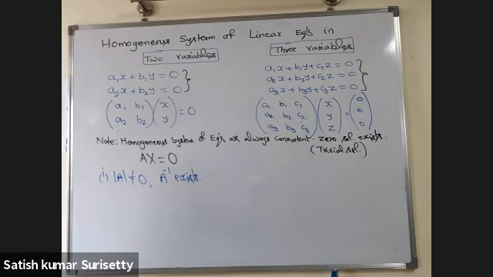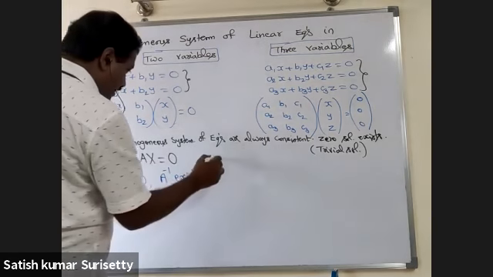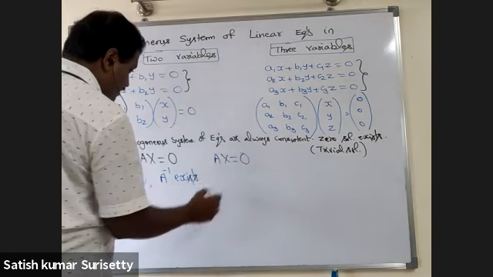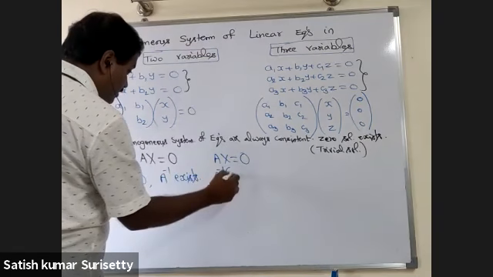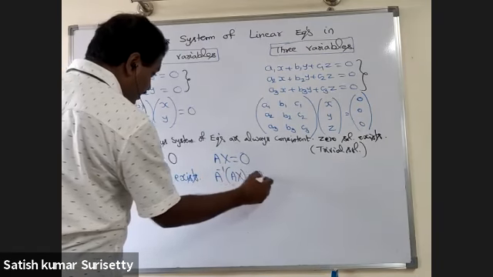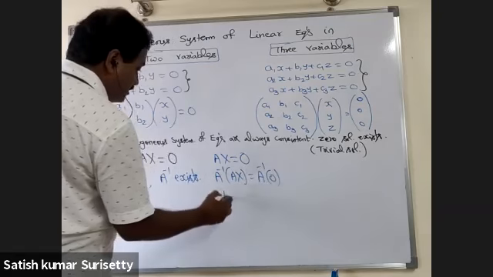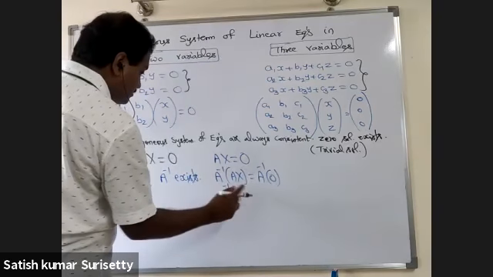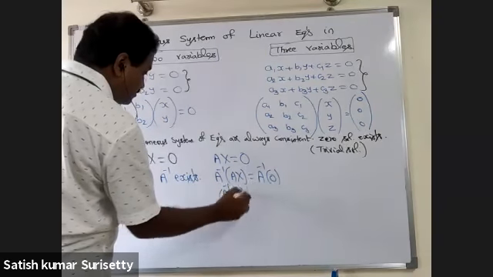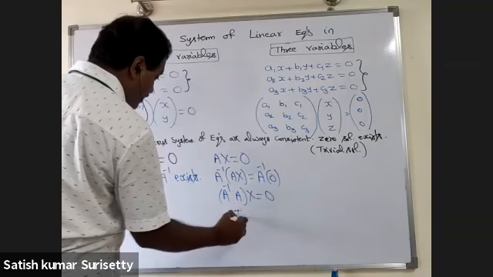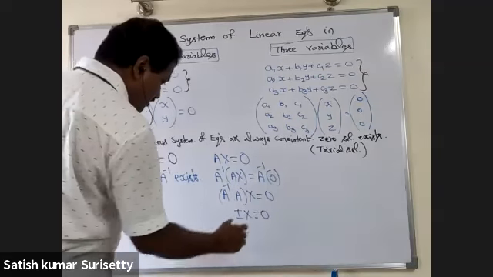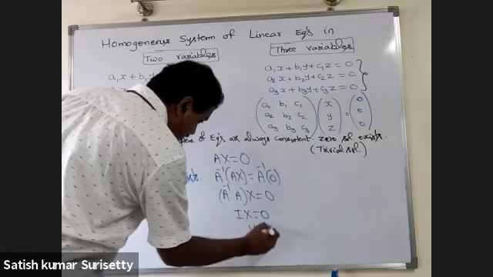Then A inverse exists. So multiply the matrix equation with A inverse on both sides. A inverse into Ax equal to A inverse into 0. That is A inverse A into x equal to 0. That means Ix equal to 0. That means x equal to 0.